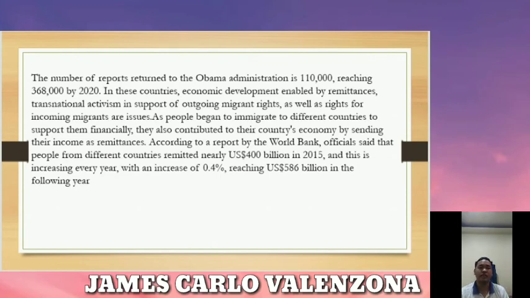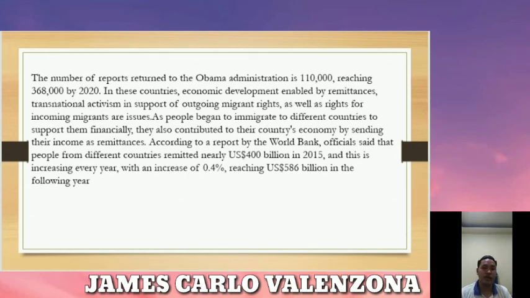In these years, economic development enabled by remittances, transnational activism in support of outgoing migrants' rights, as well as rights for incoming migrants are issues. As people began to immigrate to different countries to support their families financially, they also contributed to their country's economy by sending their income as remittances.